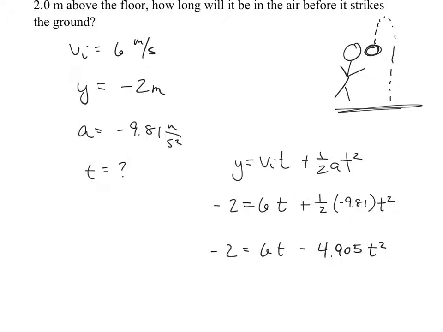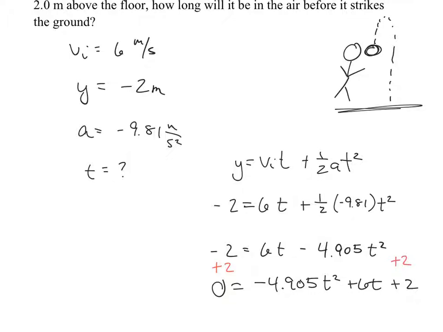I can move the 2 over and put everything in order. 6t has a positive in front of it, and the 2 when I move it over is a positive. Remember, I'm going to add 2 and add 2 over here. And I'm going to switch the order so that it's in standard form. A, negative 4.905. B, 6. C, 2.